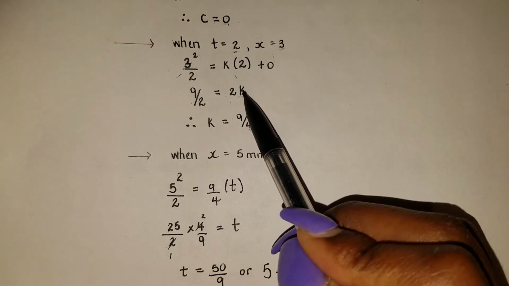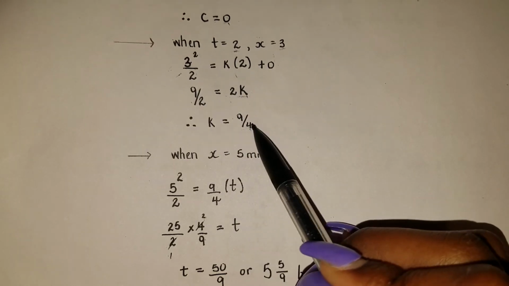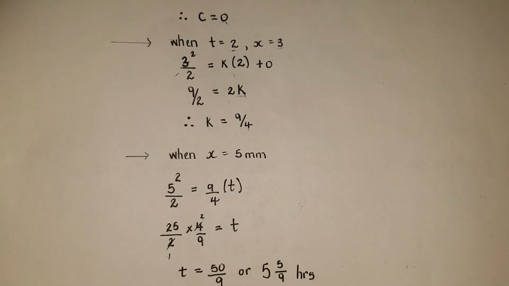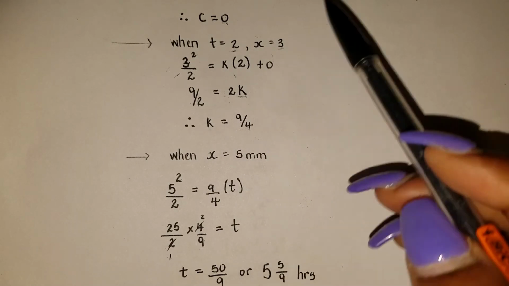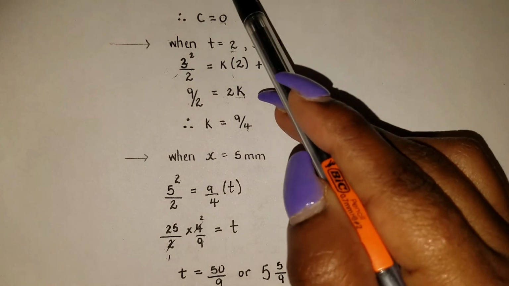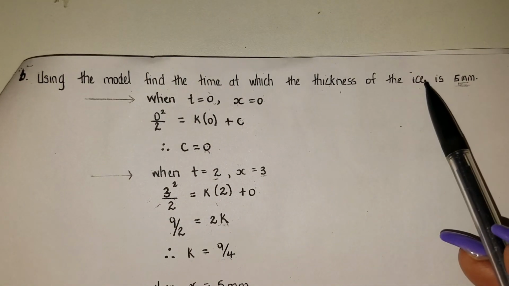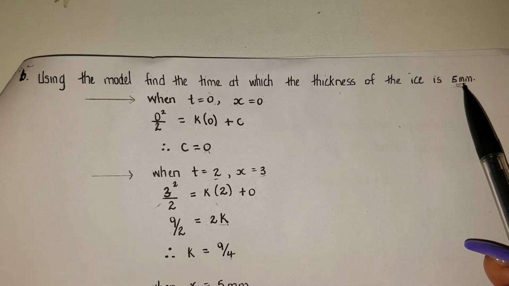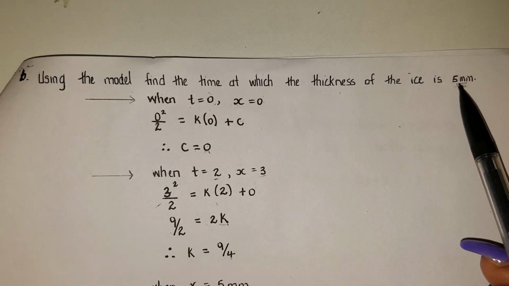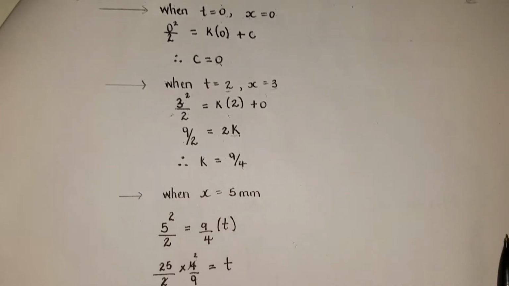So therefore, K is 9 over 4. So we've solved for C, we've solved for K. Now we can go to the question and find the time when the ice is 5 millimeter. So we want to find T when X is equal to 5.